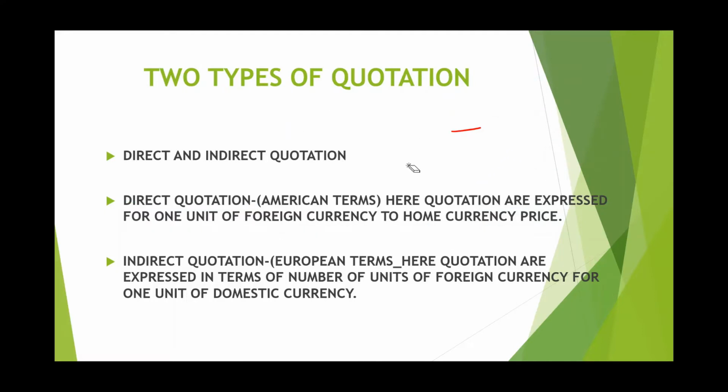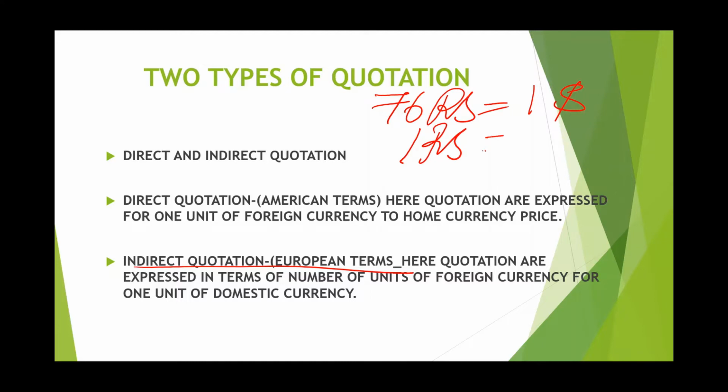Now we'll come to the indirect quotation. Indirect quotations show how many units of foreign currency we are going to get for 1 unit of domestic currency. We all know that if we pay 76 rupees, we are going to get $1. But if the quotation is quoted in the form of for 1 rupee, how many dollars are you going to get?